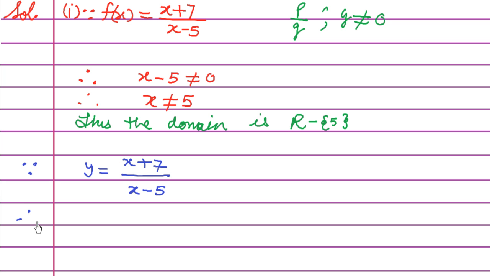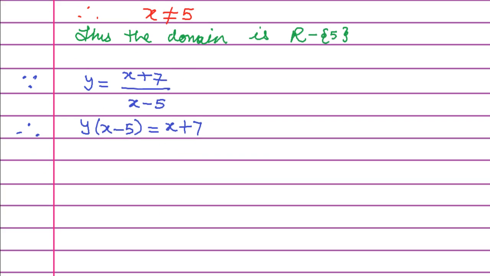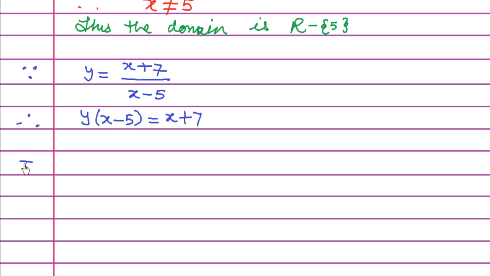Now I cross multiply this x minus 5 to the left side. So here I get y into x minus 5 is equal to x plus 7. Now we simplify this. I multiply this y inside this bracket. So I get xy minus 5y is equal to x plus 7.